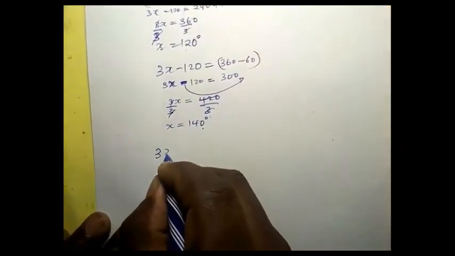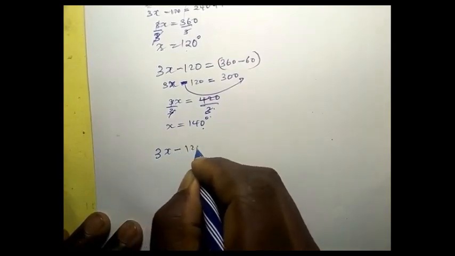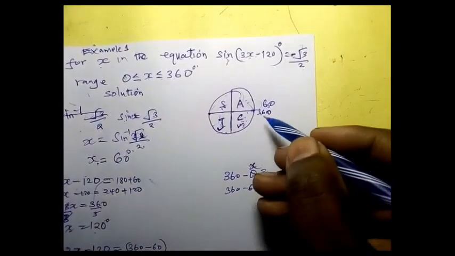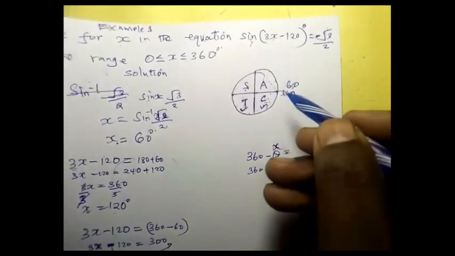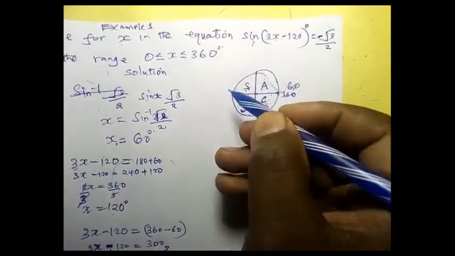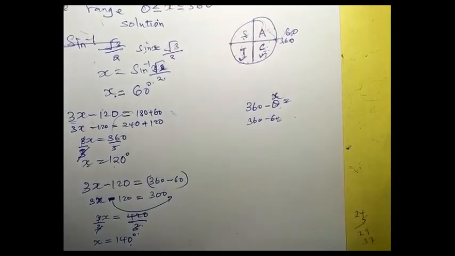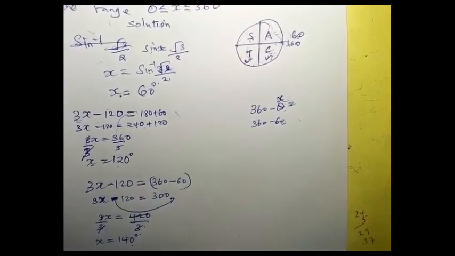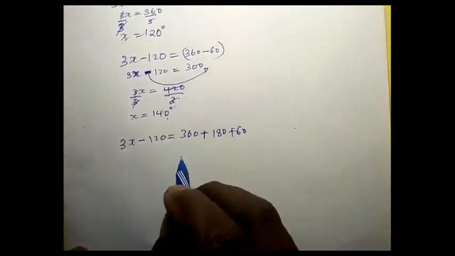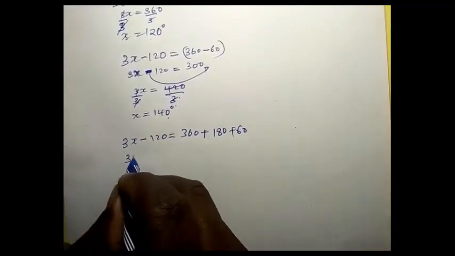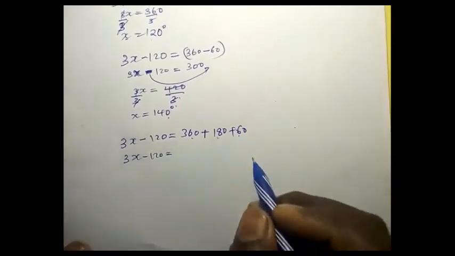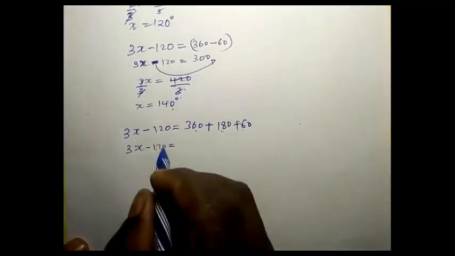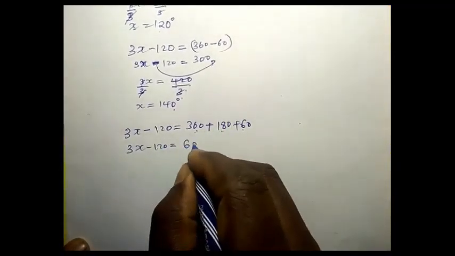So 3x minus 120 equals 360 plus 180 plus 60, which is 600.